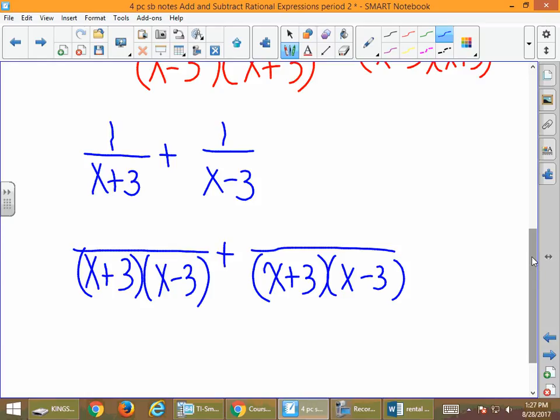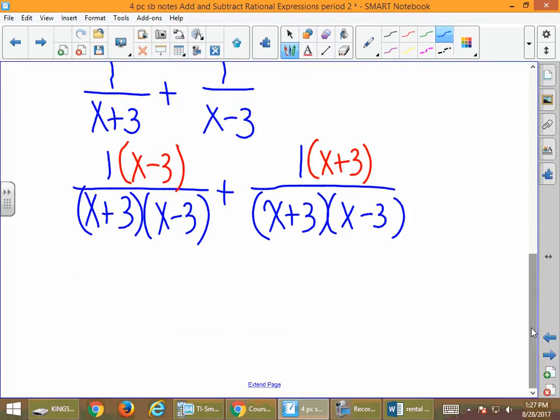So what we put into the denominator on the left side is an x minus 3. What we put into our right-hand fraction is an x plus 3, and the nice part is they're both multiplied by 1, and any value multiplied by 1 is any value.